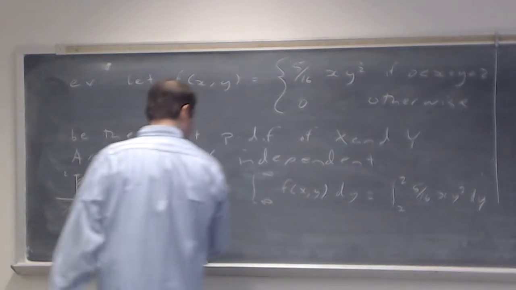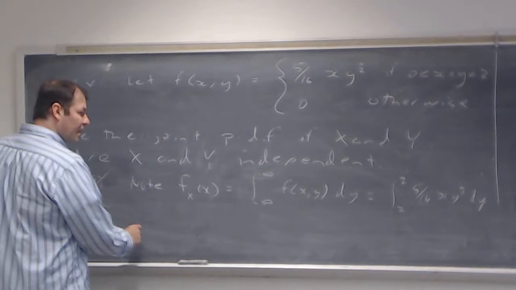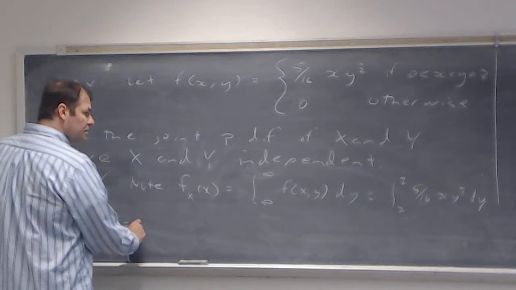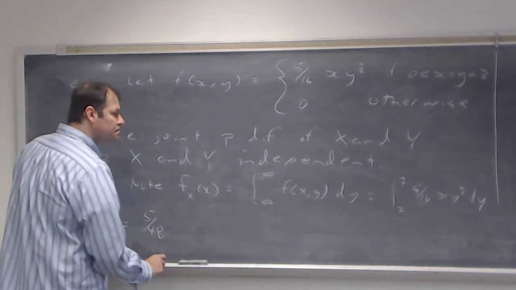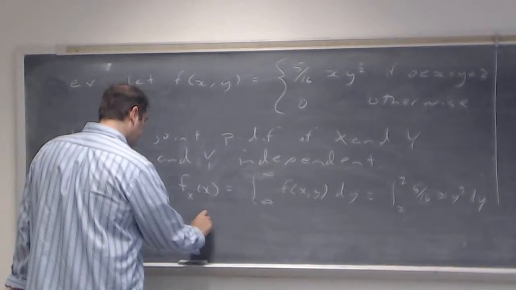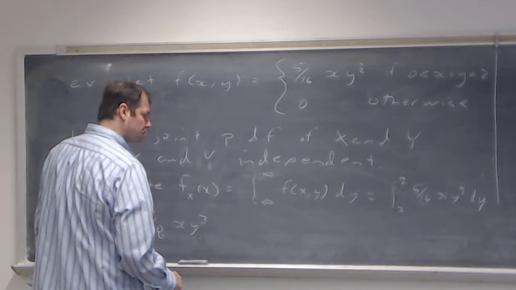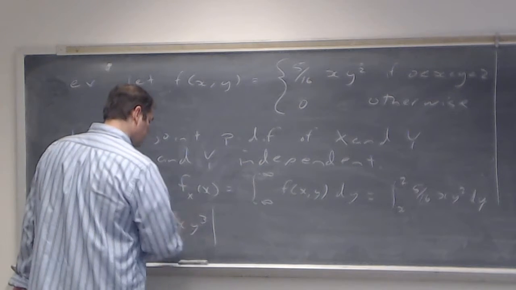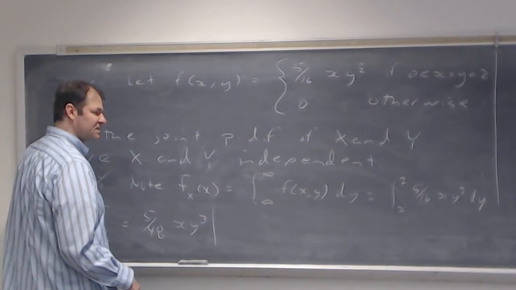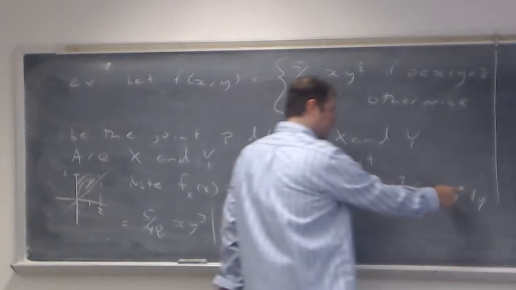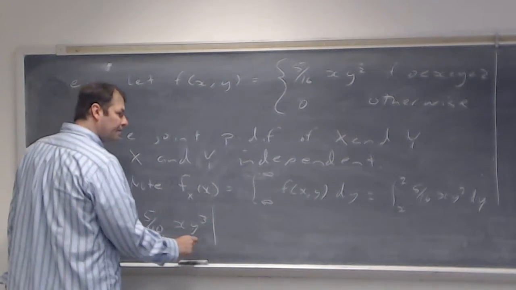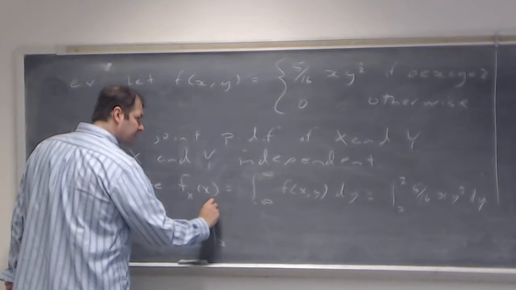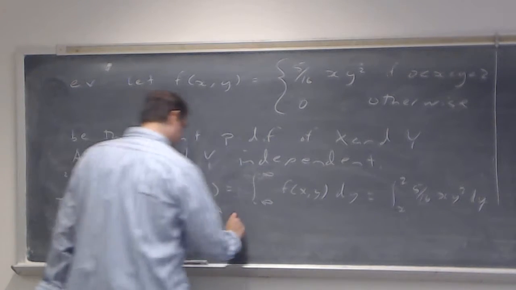And that's going to be equal to 5/48 x y cubed, that's the antiderivative. So I'm just adding 1 to 2 and dividing by the new power of y. And I need to evaluate that from x to 2, those are y values.